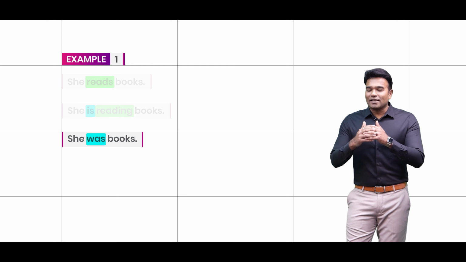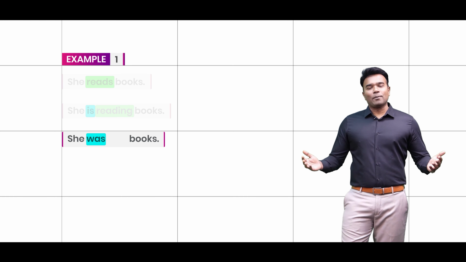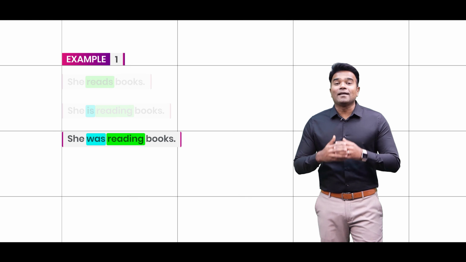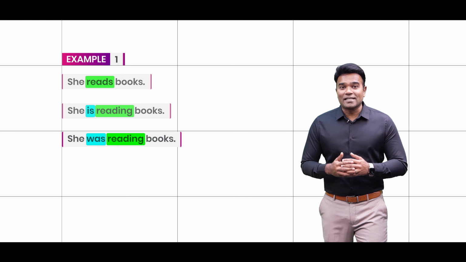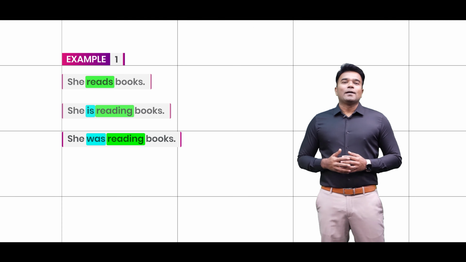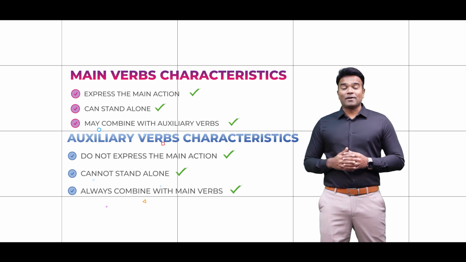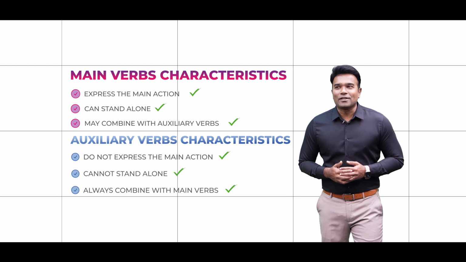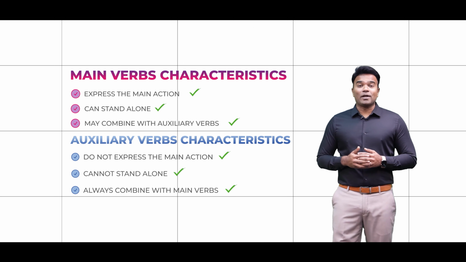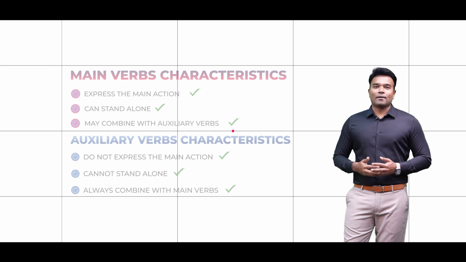They also cannot stand alone and would always combine with the main verbs to create meaningful sentences. I am sure that through this example now you have been able to understand the characteristics of both the main verbs as well as the auxiliary verbs, and anyway, with a few more examples that I shall be giving you, I am sure you will be able to completely understand the concept.